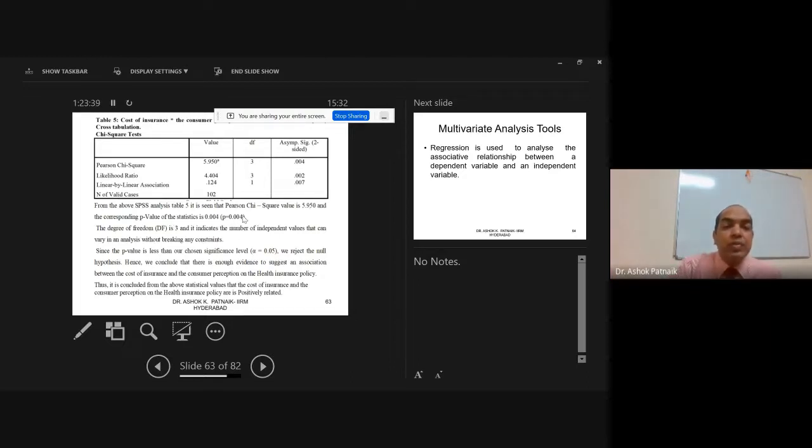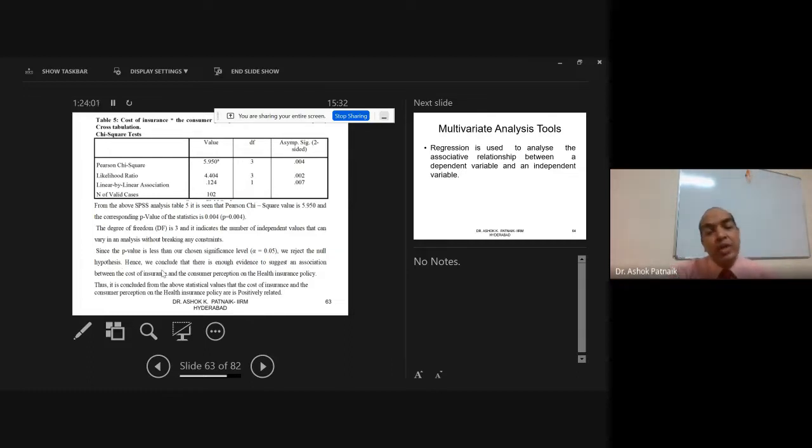You try to find out the p-value. We generally call it the p-value. The p-value you can see here is 0.004. And your rule of thumb says that the p-value should be less than 0.05. If it is less than 0.05, then we reject the null hypothesis and we accept the alternative hypothesis.